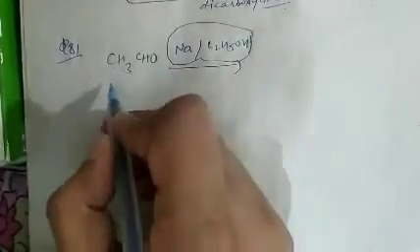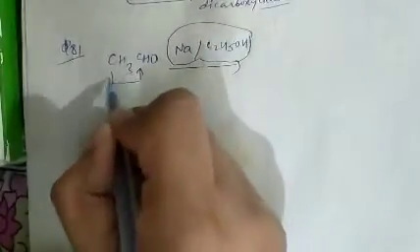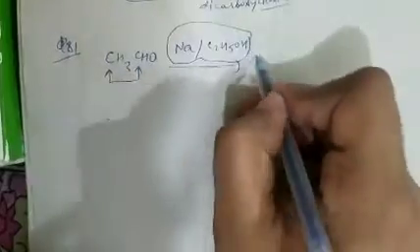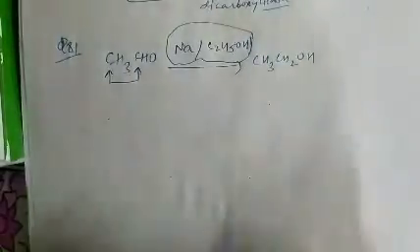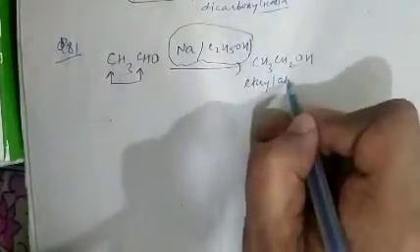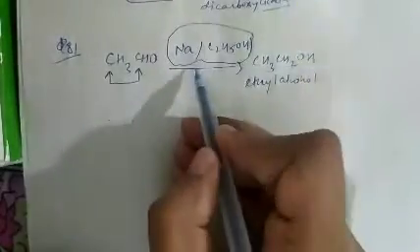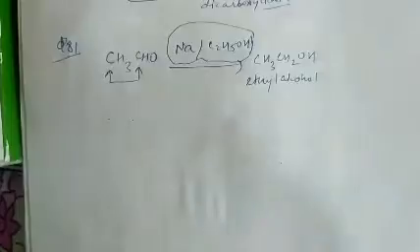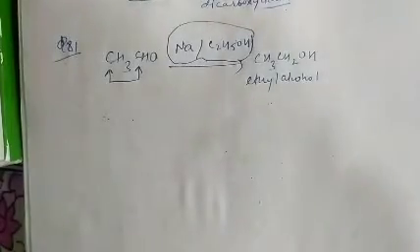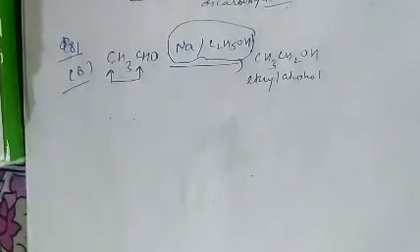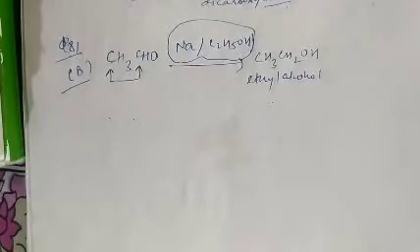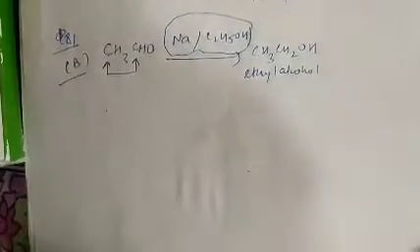So it will change into a 2 carbon alcohol. As the aldehyde has 2 carbons, it will reduce into a 2 carbon alcohol. So the product obtained is ethyl alcohol. This reaction is called Bouveault-Blanc reduction. So question number 81, option B is correct. Ethyl alcohol is formed.